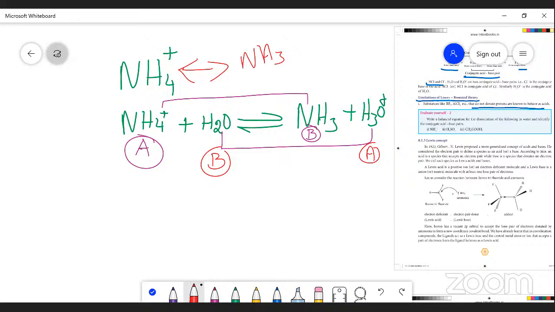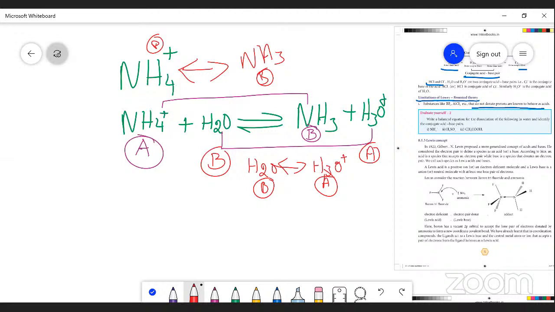Likewise, what is the conjugate acid of water? H3O plus. So H2O and H3O plus are a conjugate base and acid pair. Okay, it's clear for you.